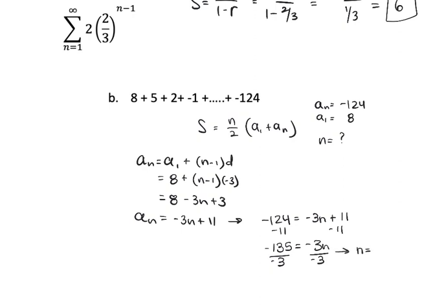So we get the value of n as 45. So negative 124 is the 45th term.